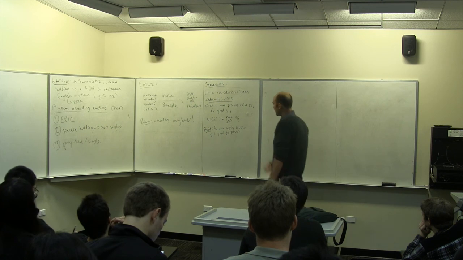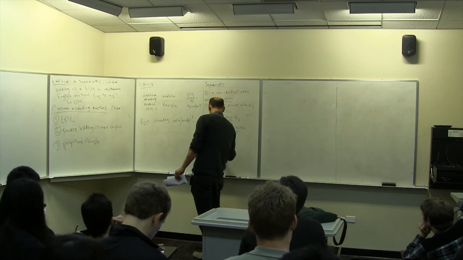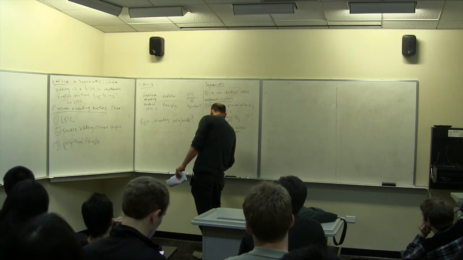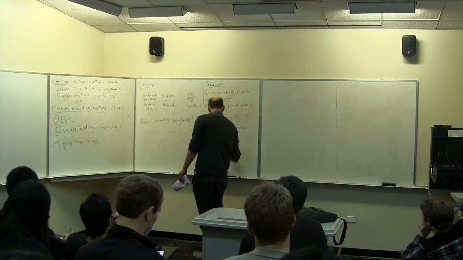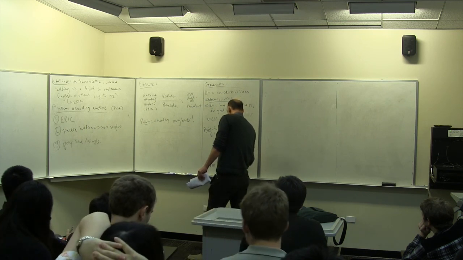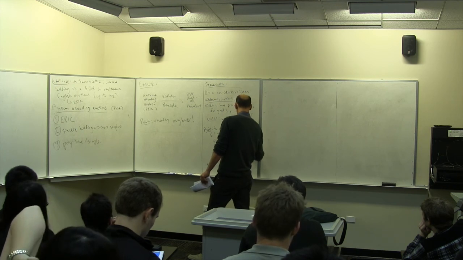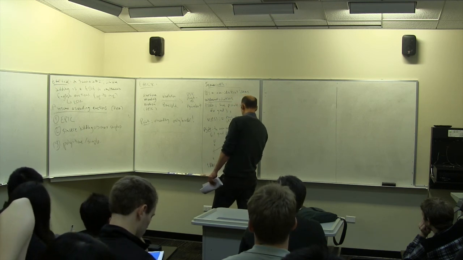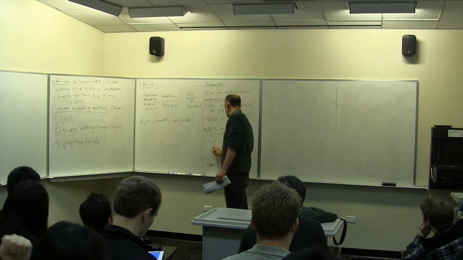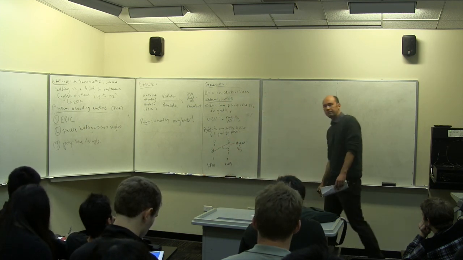Okay, so we can think of this as a bipartite graph with bidders on one side and goods on the other side. And the edge weight is just equal to the valuation that a given bidder i has for the given good j. Okay?